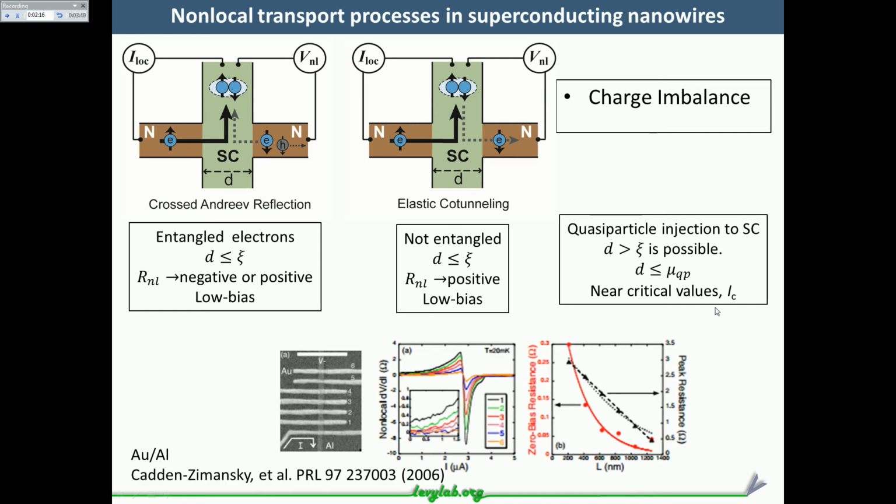These processes have been observed in several places in the literature. Here in particular is a gold and aluminum nanowire device. They're injecting current through the normal gold lead into the aluminum superconductor, and they see contributions from all three of these processes.